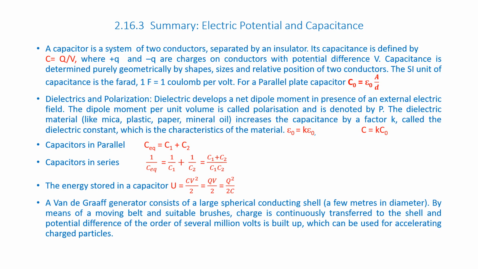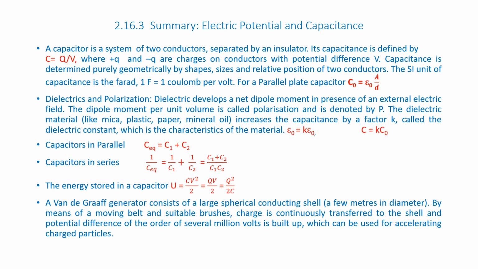There is a big shell at the top and a smaller shell at the bottom. These two shells are connected by a moving belt and suitable brushes. Charges are continuously transferred from the lower end to the upper end and then to the bigger shell. The potential difference of the order of several million volts built up is used for accelerating charged particles.